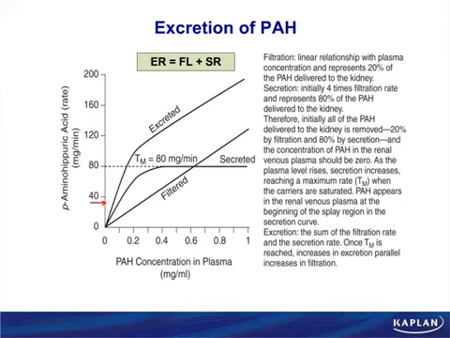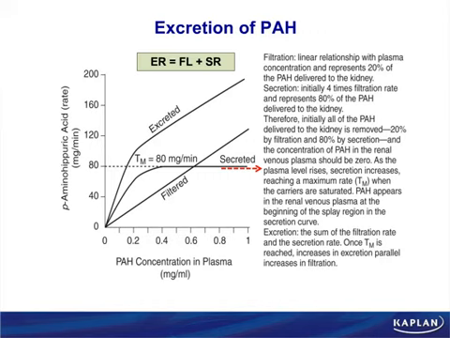And then you have this change in the slope of the excretion rate, this little bend in the line over here. They may give you a question on Step 1 where they point to this point in the line and ask what happened here, or why did this happen? Well, this happened because the carriers are saturated. You have reached transport maximum, and now you are secreting at a constant rate.